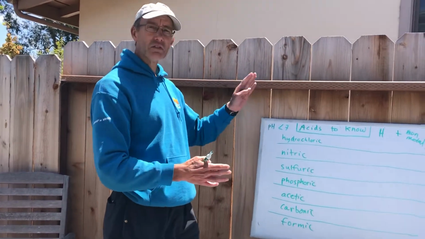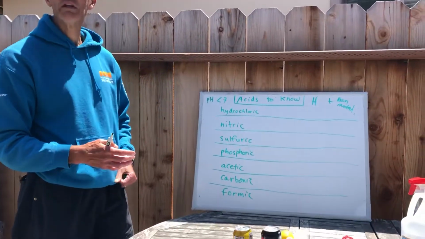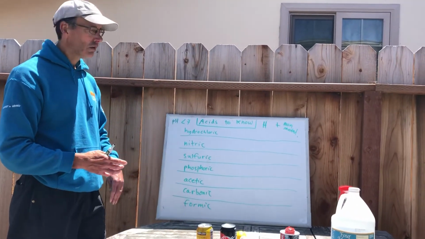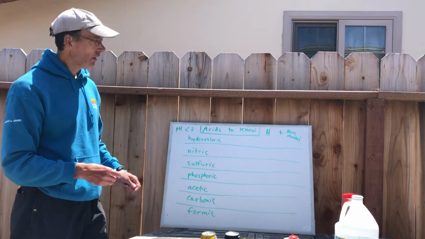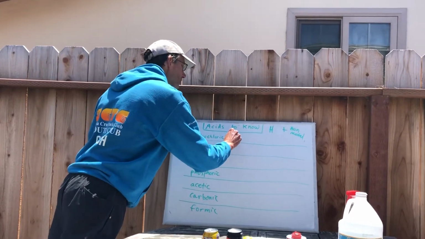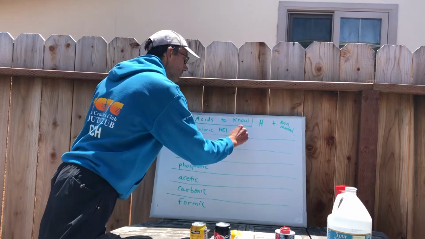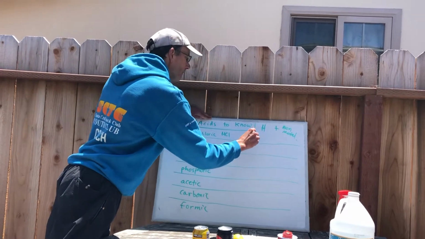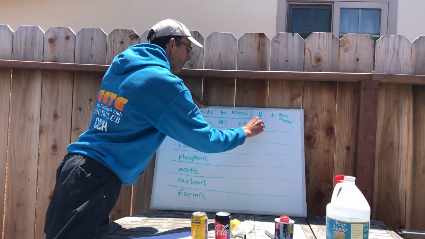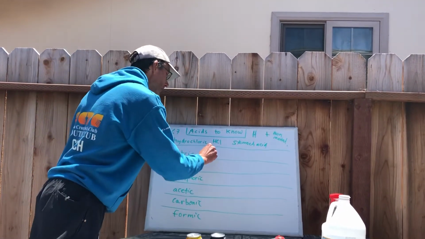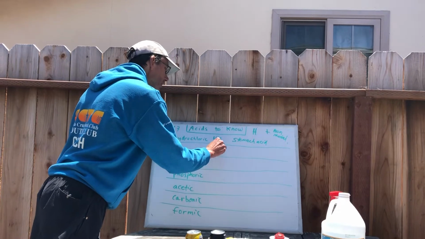If you would pause this and see if you could fill out as many of these as you could. Most of you should be able to fill out some of these, and some of them we haven't gone over. So, hydrochloric acid we all know is HCl, and that is stomach acid. Okay, and then there's nitric acid, HNO3.